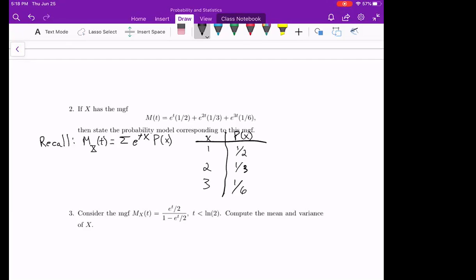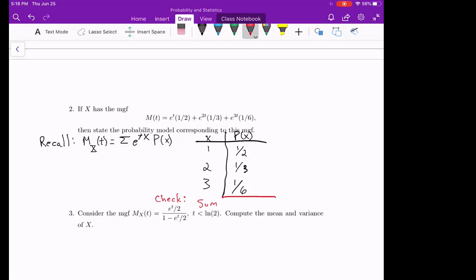So let's say I'm uncertain. I want to check, is this a valid model? What might you look at? If the probabilities add up to 1. Awesome. So I want to check if this is reasonable.